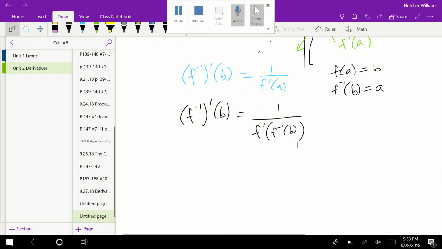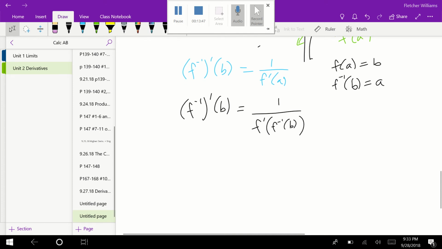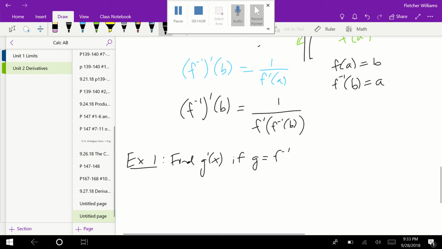Now there's a few ways that this comes out in solving problems. One is just using the formula itself to figure everything out. For example, if you were asked, find g prime of x if g is the inverse of some function f, and that function is defined by x to the fourth plus 10.